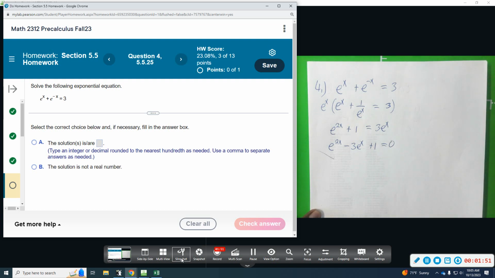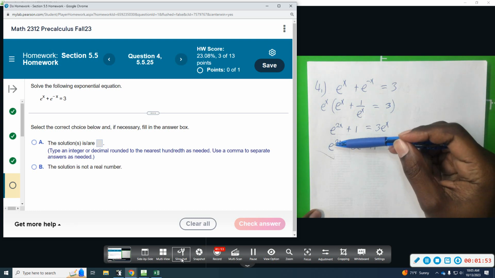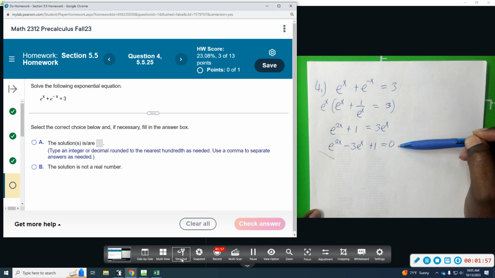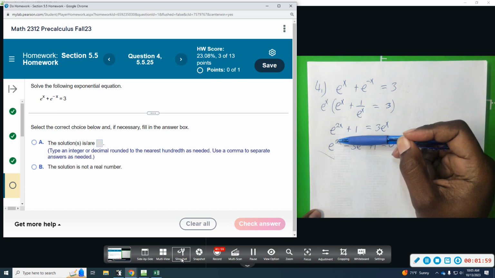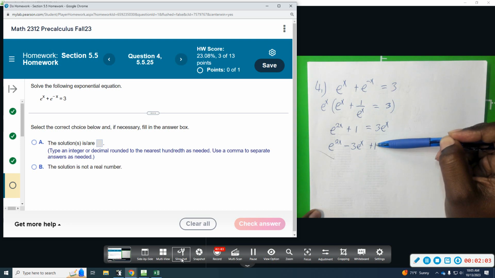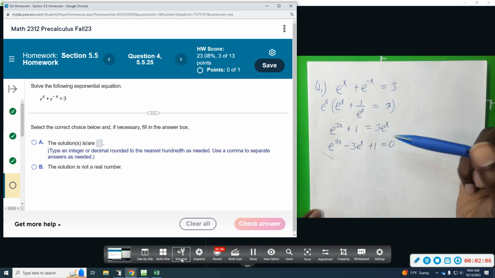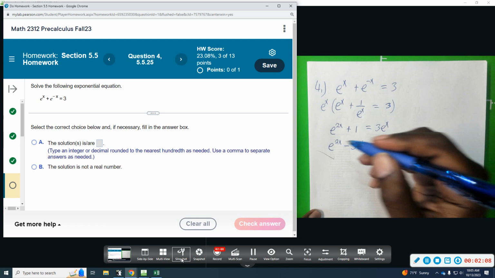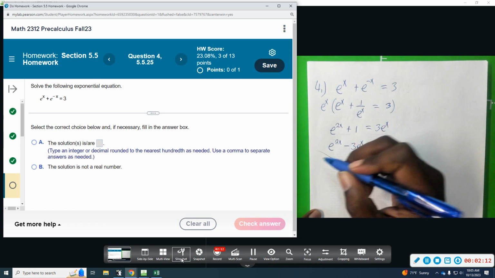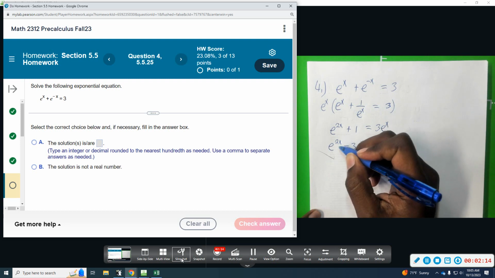So at this point, we're supposed to realize that this looks like a quadratic equation. It's kind of like an exponent squared, a single variable, and then a number. What the text wants us to do is solve this by doing a substitution. So think of the e to the x like your variable.